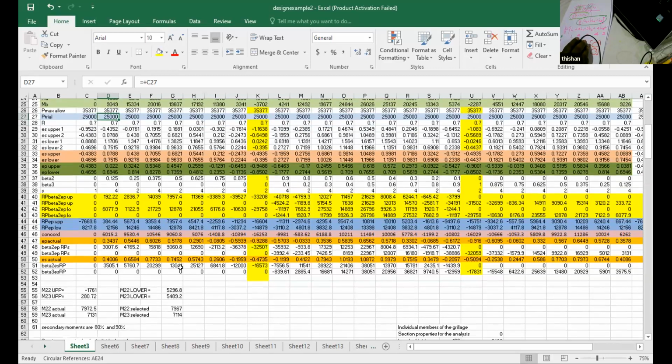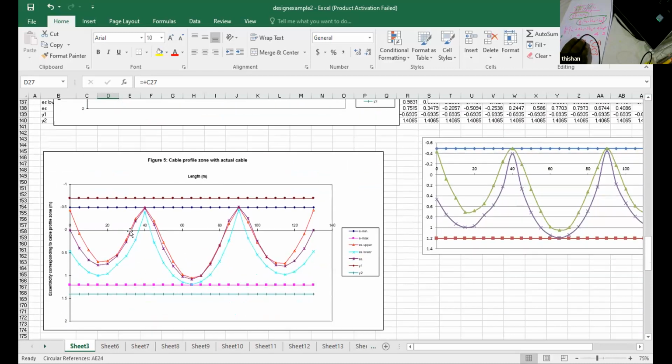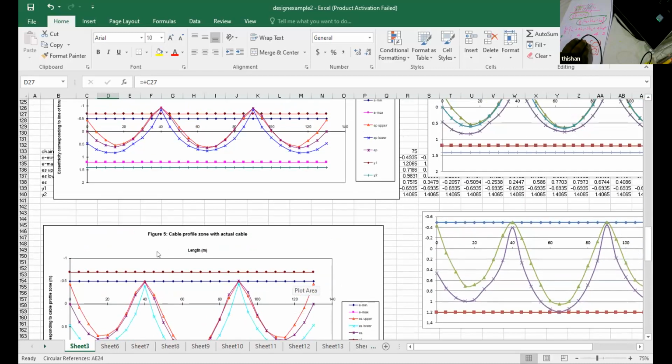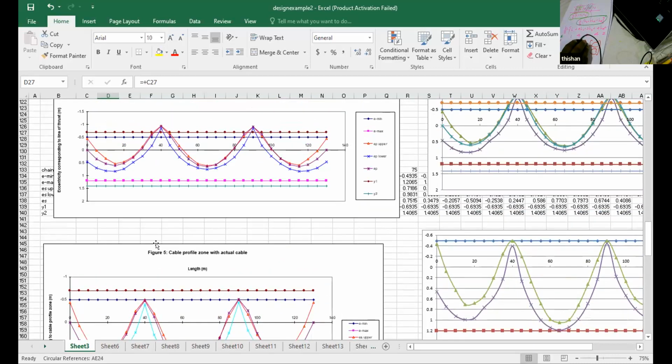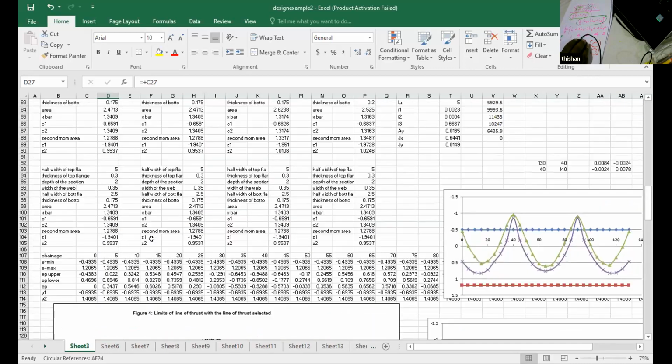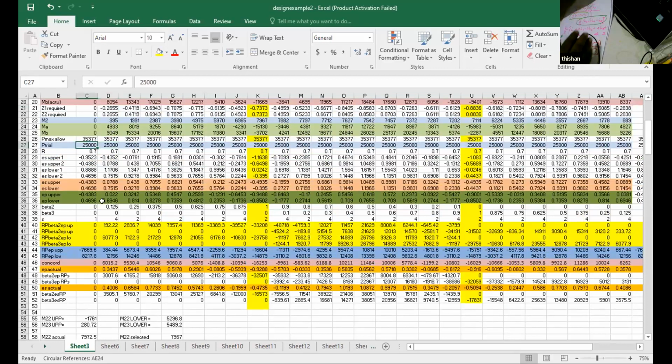So if you look at this profile, here 25,000 is sufficient, right? But according to the condition, for existence of a line of thrust, 25,000 is not sufficient. It has to be 26,000.